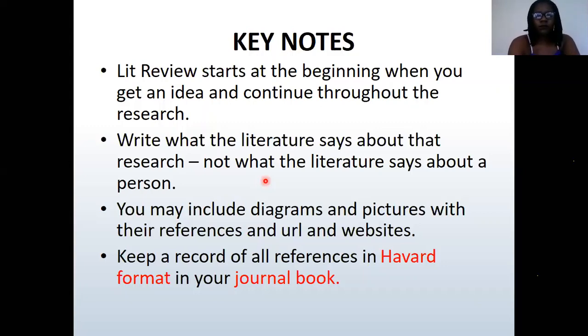And then you may include diagrams and pictures, as I've shown you earlier, putting the references. And don't forget the use of the journal. Remember, the journal is one of the requirements when the judges come to judge. They need to see the journal, and it must be written, preferably handwritten, in Harvard format.